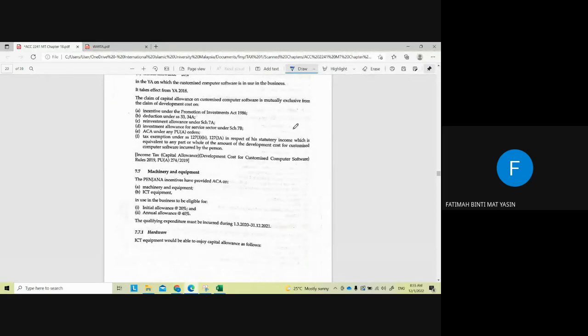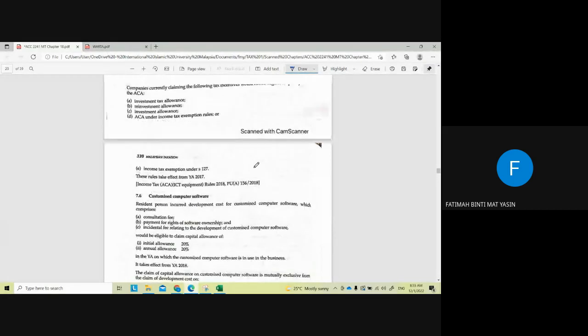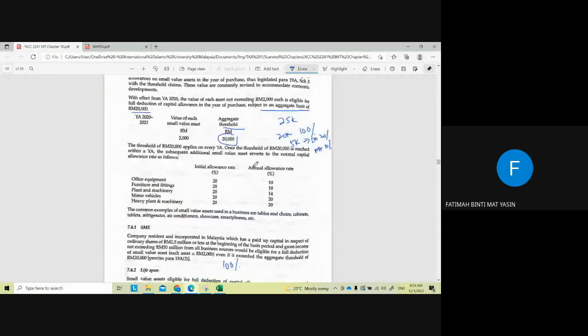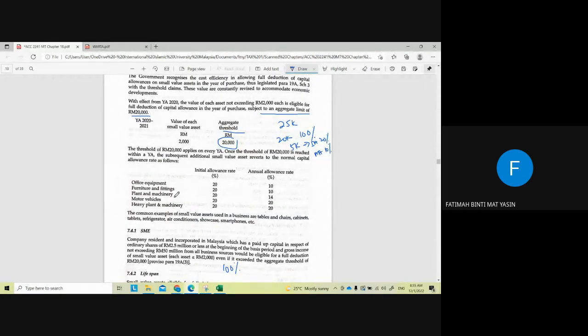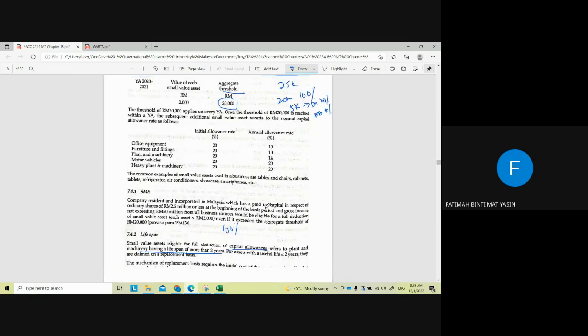Okay, so this one is the latest regulations. Machinery and equipment. The Penjana incentive has provided accelerated capital allowance on machinery and equipment and ICT equipment in use in the business, to be eligible for initial allowance 20%, annual allowance 40%. If you look at the rates that we have discussed earlier for machinery and office equipment, it is 10% and also 14%, and also 20% for heavy machinery.